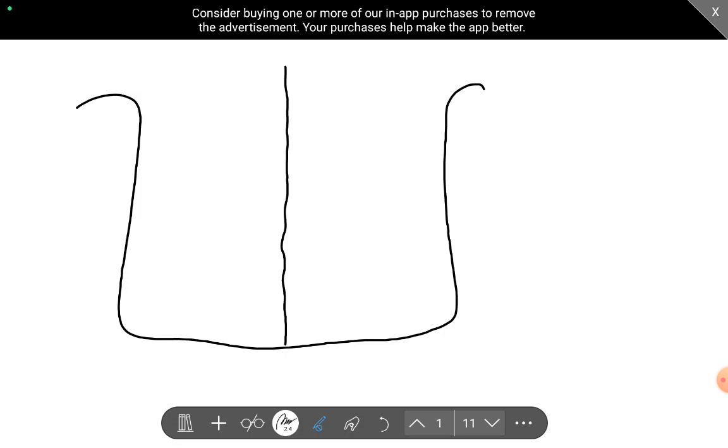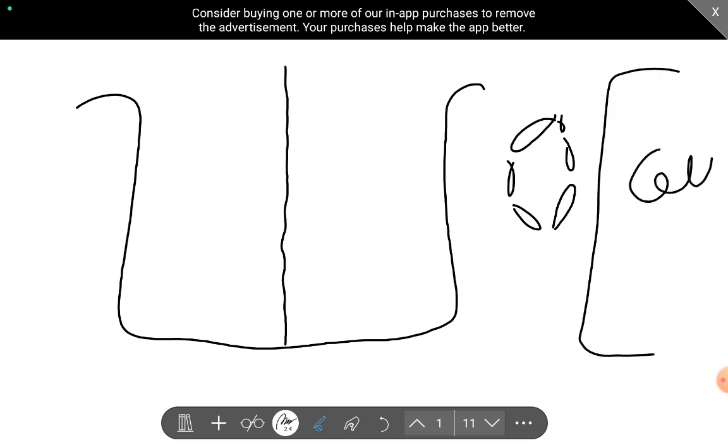So now, as I've said, this is the capillary. These are the endothelial cells. All the spaces here are the fenestrations. Then this is the cell, and this is the capillary bringing blood to the cell.